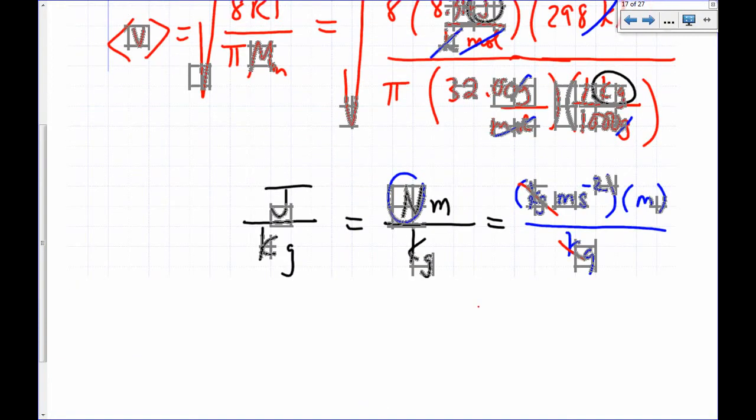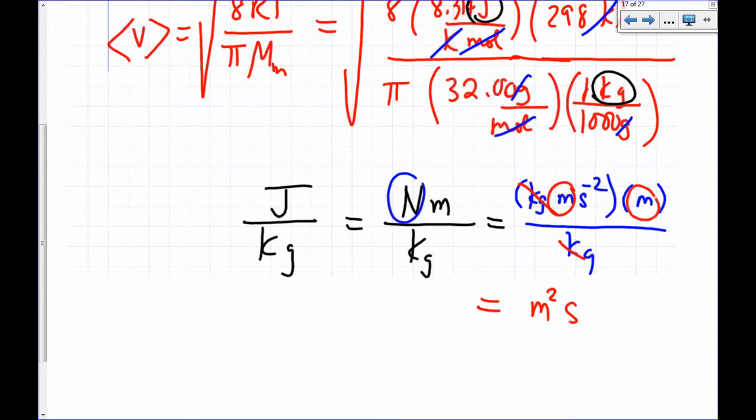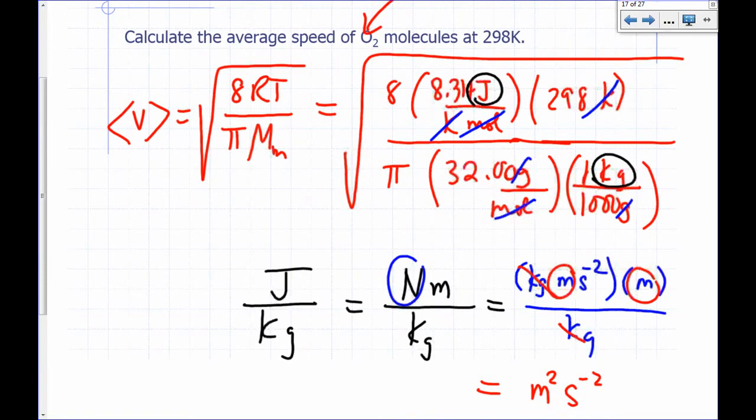So what do you have left inside in terms of base units? The unit inside is going to be meters squared per second squared. And if you take the square root of that, the unit that comes out will be meters per second.